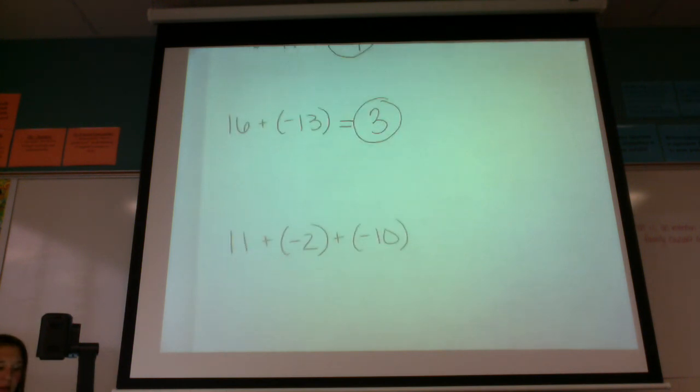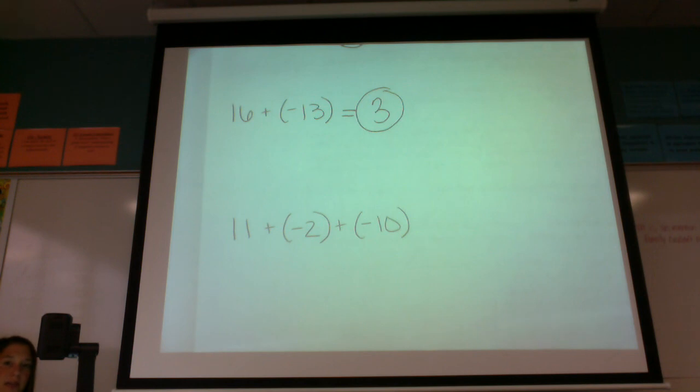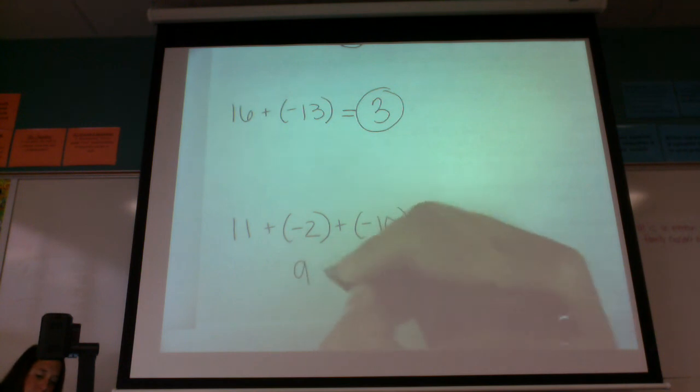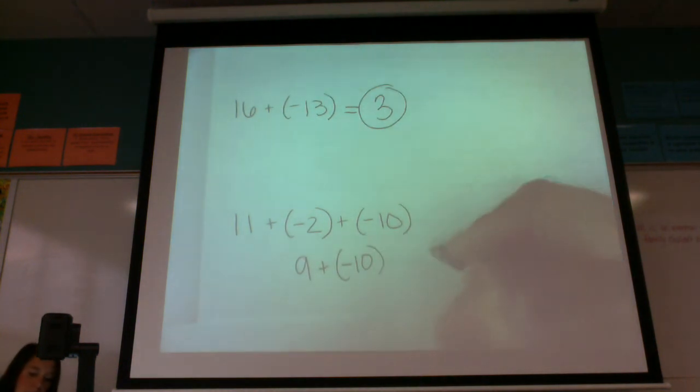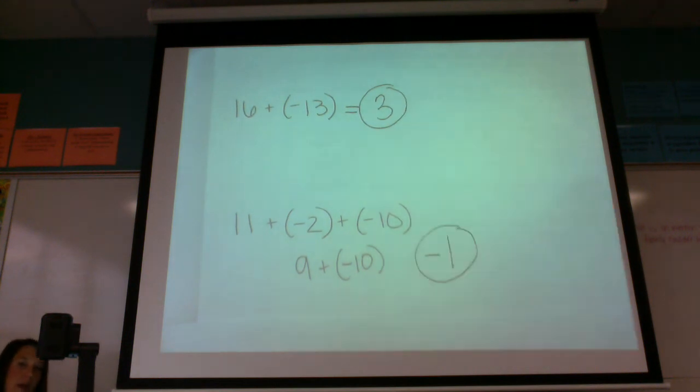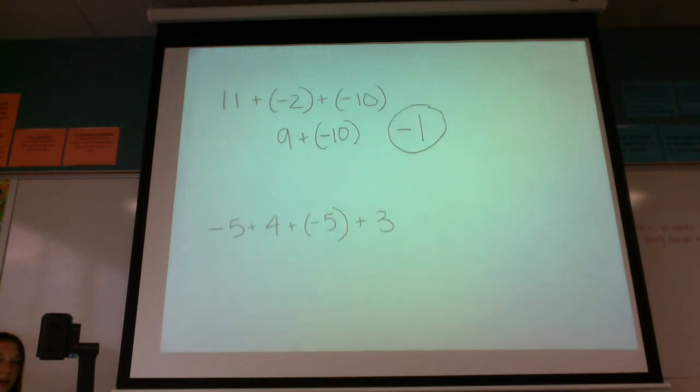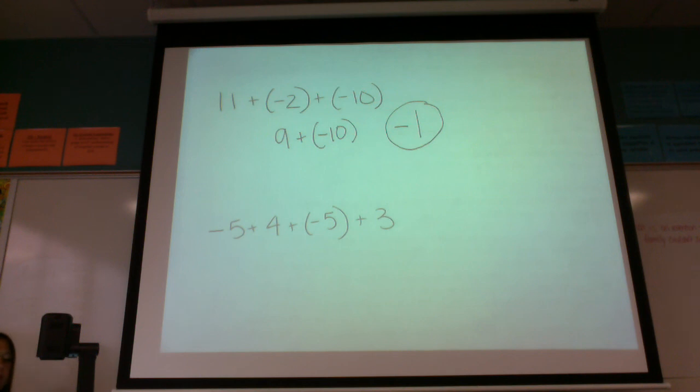Now we have 3 integers, 11 plus negative 2 plus negative 10. Okay, 11 plus negative 2, that's going to give me 9 plus negative 10. I'm going to be left with negative 1 when it's all said and done. 9 degrees out, the temperature drops 10. Last one there. Negative 5 plus 4 plus negative 5 plus 3.